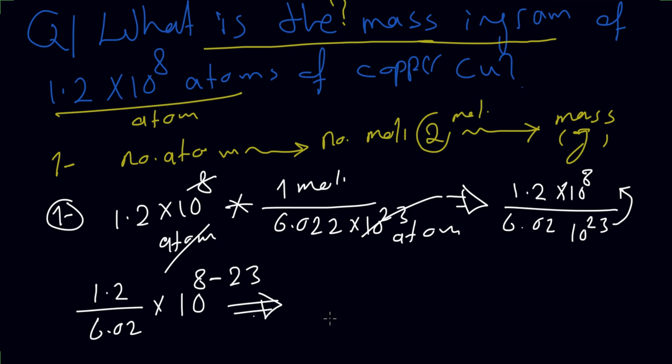So the result, 1.2 divided by 6.02 is equal to 0.199, and 8 subtracted with 23 is equal to 10 to power minus 15.